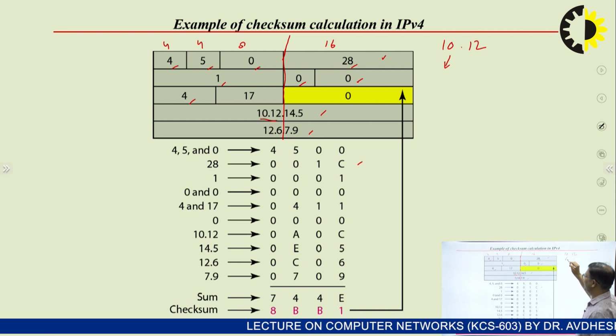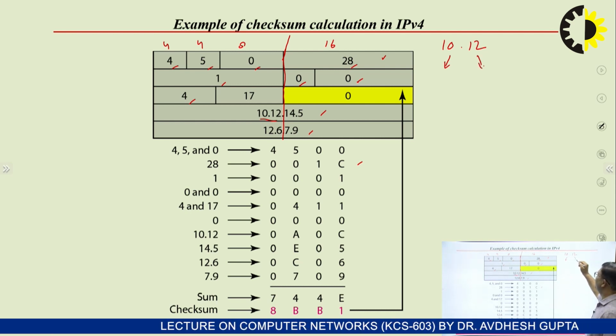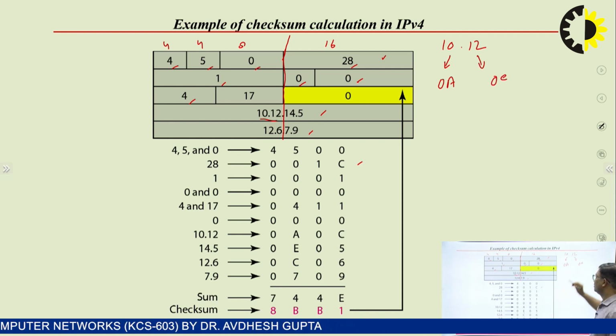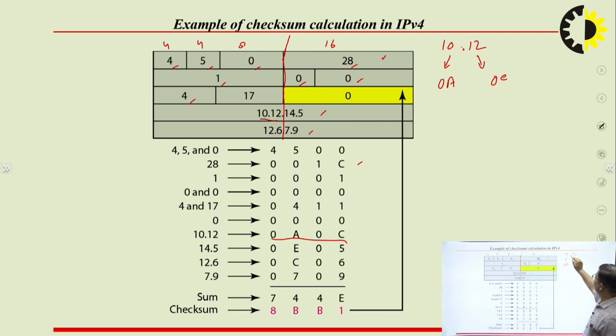You have to convert 10 separately and 12 separately. 10 is written as A, which means 0A. 12 is written as C, which means 0C. So we can write it as 0A, 0C. Keep in mind that you need to convert the decimal values separately, 10 separately and 12 separately, in this way. Also 14 and 45, you can do it in the same way, and 12.6, 7.9 in the same way.